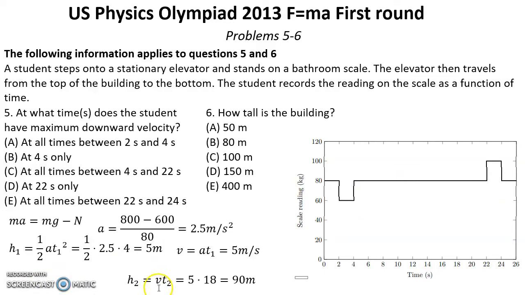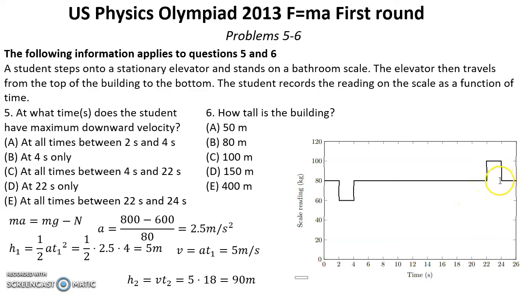That will be v multiplied by t2, which is 18 seconds, and total is 90 meters. And now we can count what is distance covered between 22 and 24 seconds. That will be symmetrical deceleration, same as acceleration between 2 and 4.